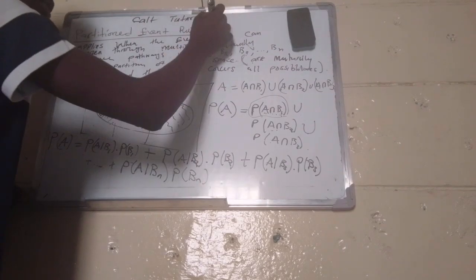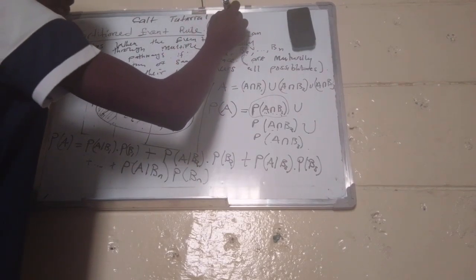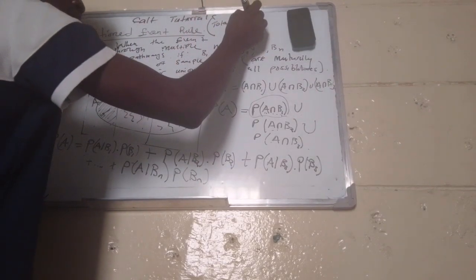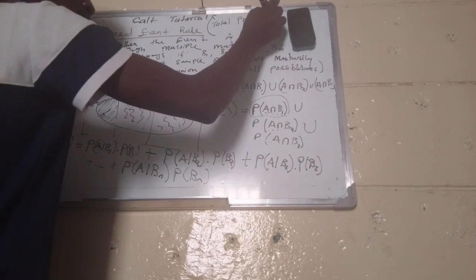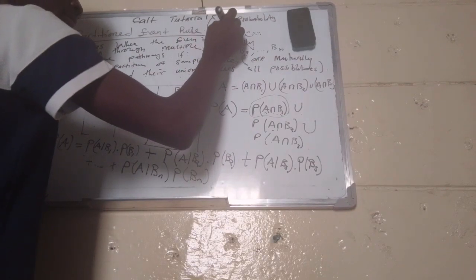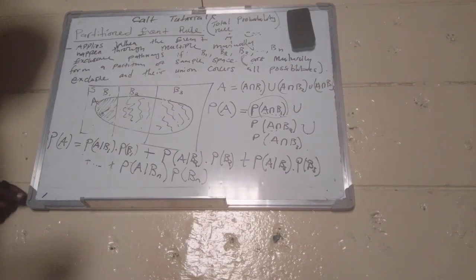So this event rule is also called the total probability rule.